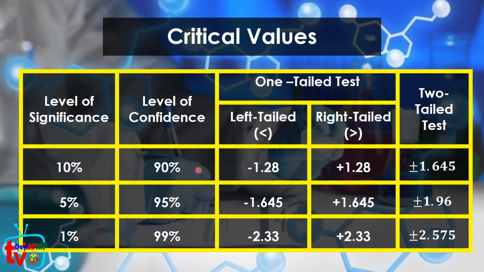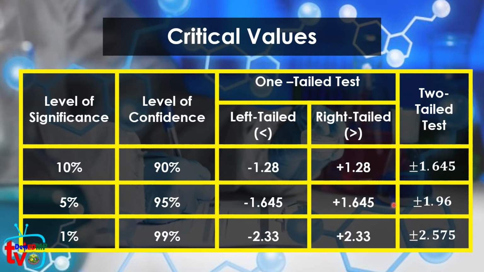If the level of significance is 10%, the level of confidence is 90%. The critical value of a left-tailed test is negative 1.28. For right-tailed test, positive 1.28, and for two-tailed test, positive and negative 1.645. If the level of significance is 5%, then the level of confidence is 95%. The critical value of a left-tailed test is negative 1.645, and the critical value of a right-tailed test is positive 1.645.